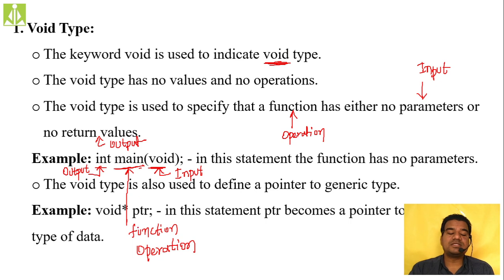So main is an operation, or main is a function which is taking no input but giving output of type integer. Like that, you remember. Very soon we are going to change the terminology. When we become familiar with these things, we will change the terminology. But for now, for your understanding, you can remember whatever I am giving like this only.